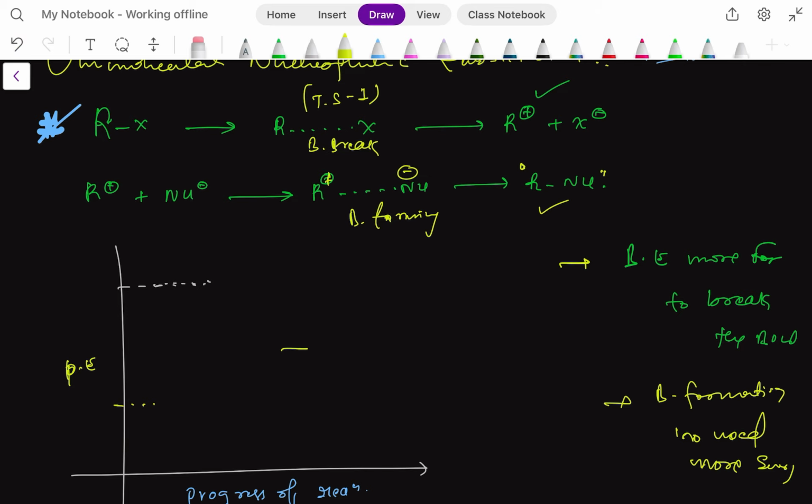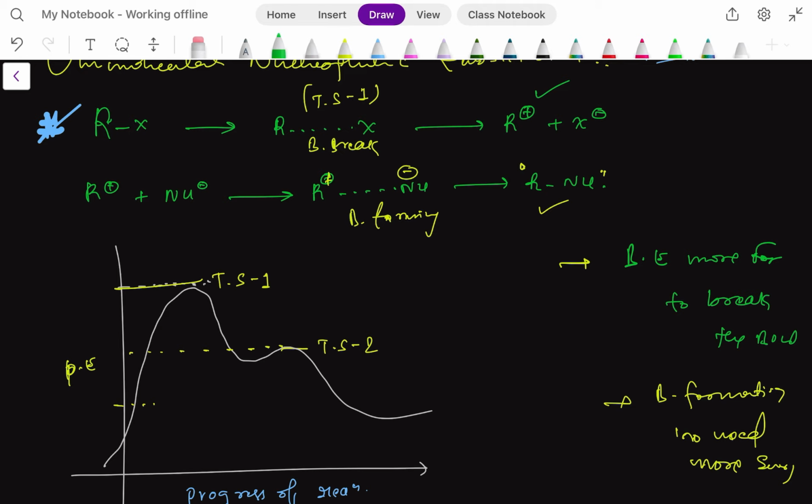So here we got two transition states, one is TS1, another is TS2. Transition state 1 was for what? Alkyl halide bond breaking, so I mention it the way like this. Then the second one is going to be like this. Like this we get the two transition states, one in this place, another in this place.